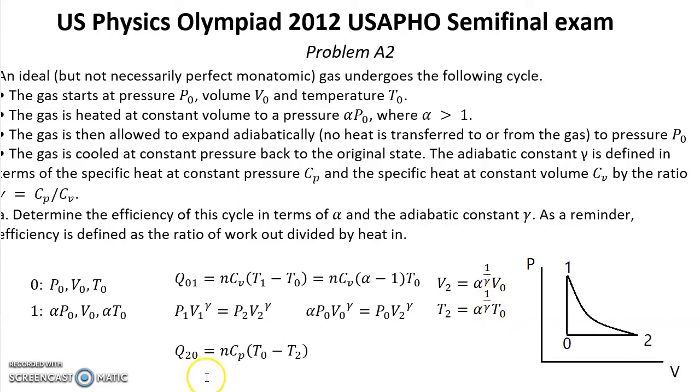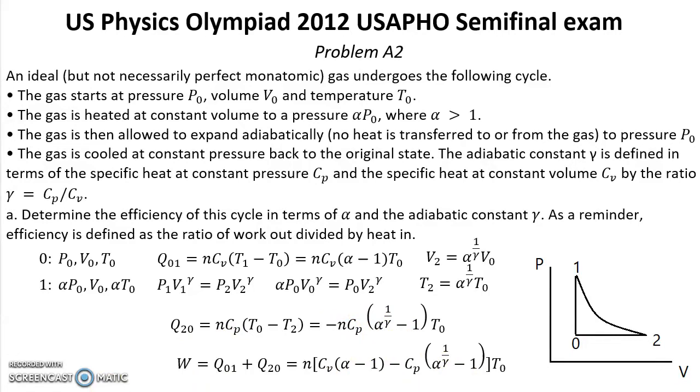And now we can count what is the heat transfer during process 2 to 0. That will be number of moles multiplied by heat capacitance for constant pressure and multiplied by temperature difference T0 minus T2. And that's equal this expression. Now we can count what is work done by gas. That's Q01 plus Q20, which is equal this expression.